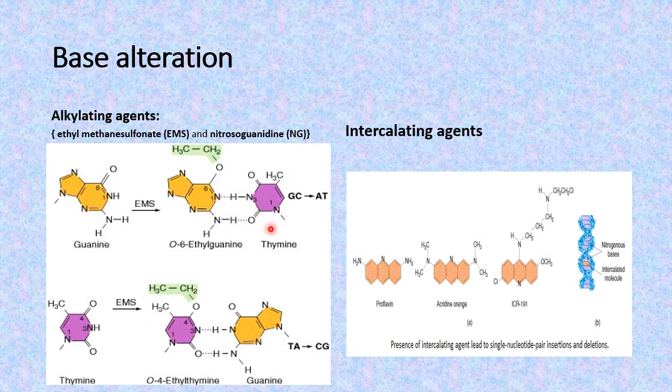Another possibility is that there are certain mutagens like proflavin, acridine orange or ICR 191. These are very voluminous molecules, and if by any means they slip in between the nitrogen bases, then at the time of replication they will lead to deletions of single nucleotide pairs.